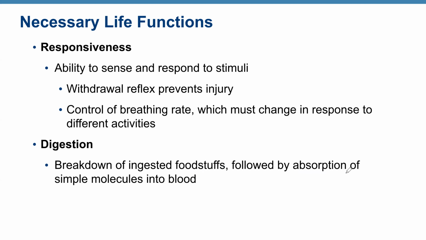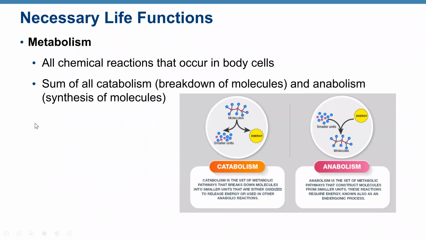That means you will move them from your digestive tract to your bloodstream, and your blood will deliver those nutrients to your organs. So that was digestion. Metabolism is another function necessary for life.